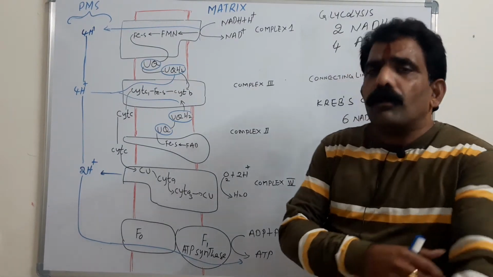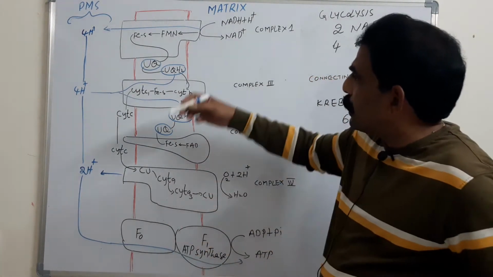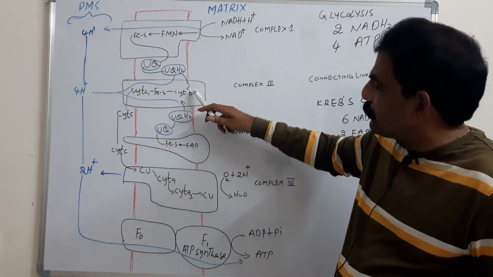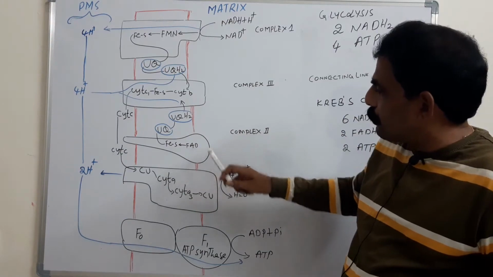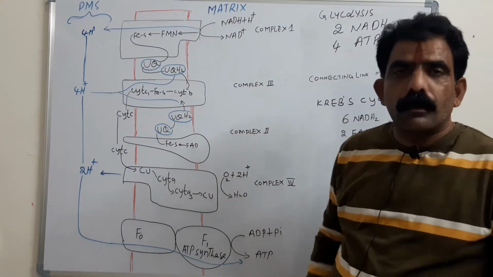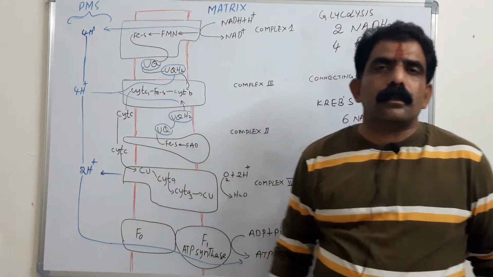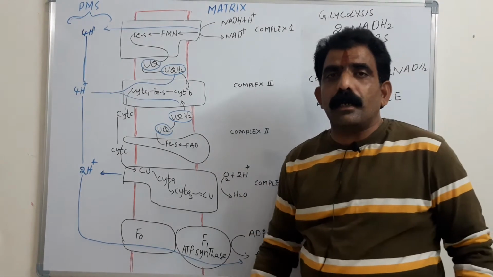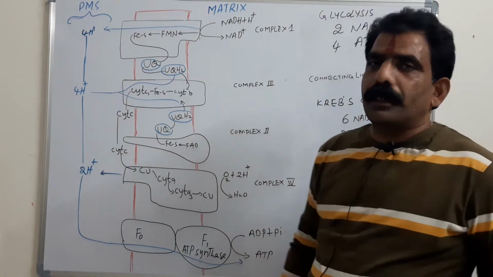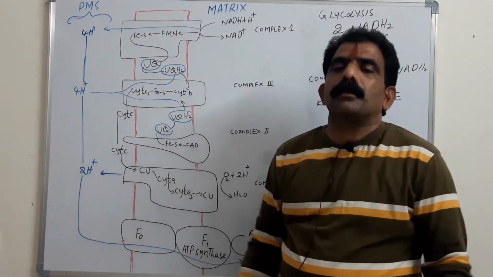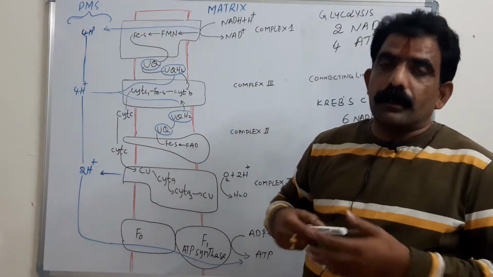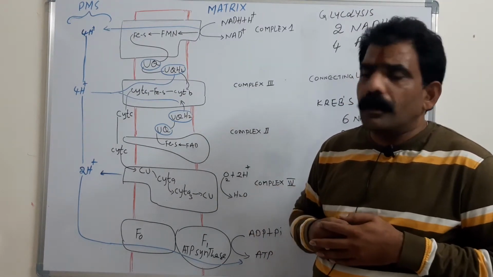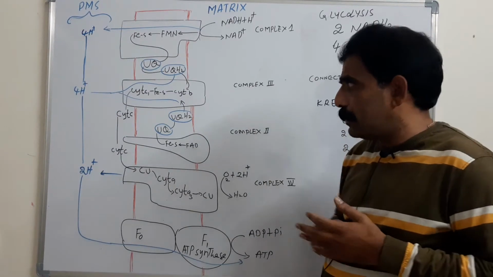So there are four complexes of electron carriers: complex 1, complex 3, complex 2, complex 4. These four complexes are made up of electron carriers, whereas complex 5 is also there, but it is not a complex of electron carriers. It is the complex of ATPase or ATP synthetase enzyme, which is responsible for the synthesis of ATPs.